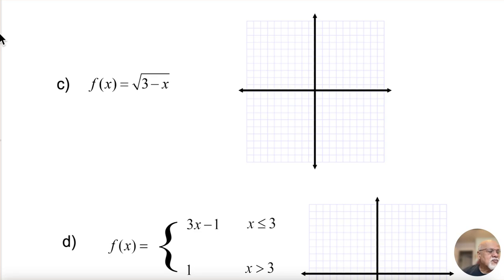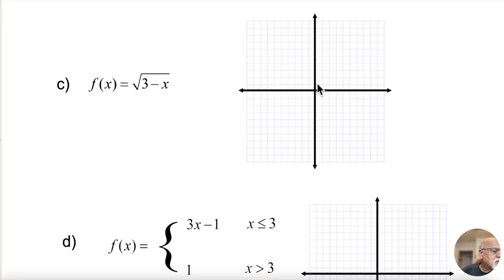The first one, I call it C here, is root of 3 minus x. Now, if you remember your transformations, first of all, this graph only exists so long as x is smaller than or equal to negative 3.